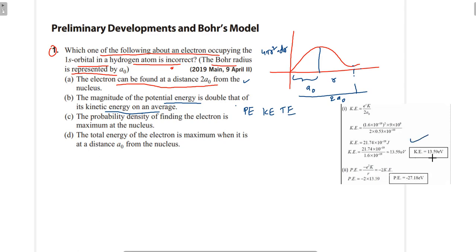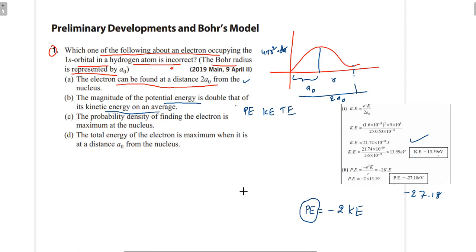Kinetic energy equal 13.59, potential energy equal to minus 27.18. That means we can write potential energy equal to minus 2 into Ke. Potential energy is always negative, kinetic energy is positive.